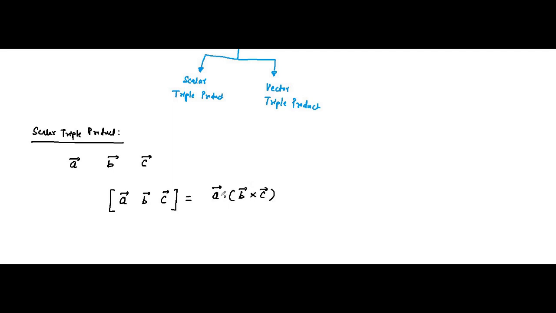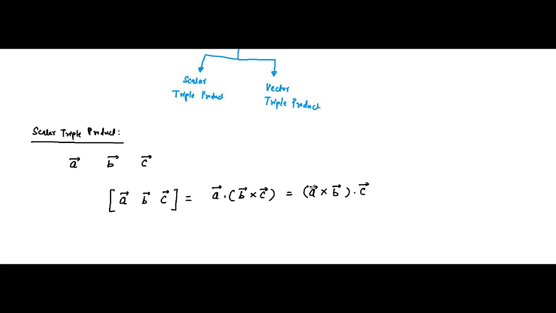This is the first way. Another way is A vector cross B vector dot C vector. Either way it is correct. Okay.